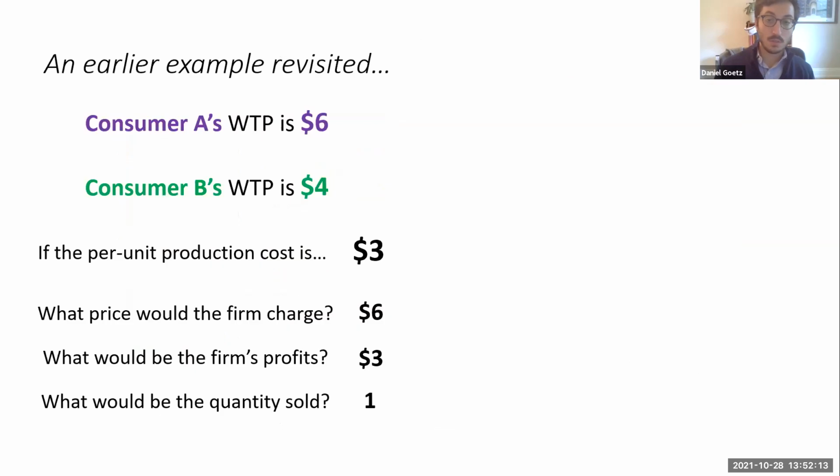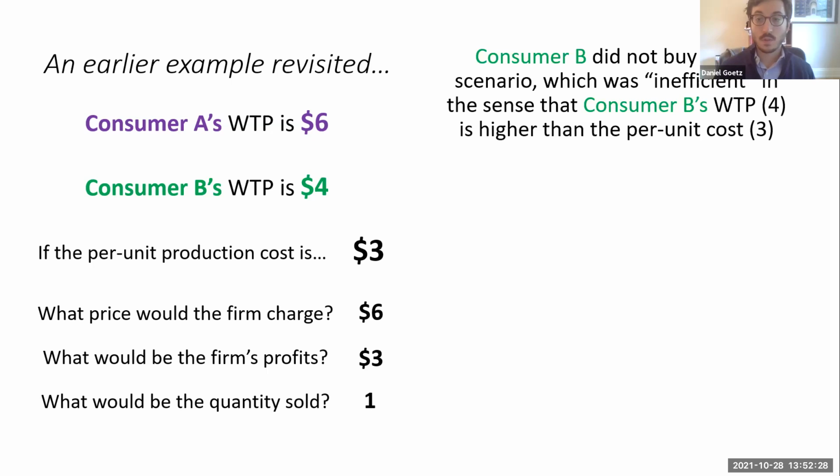We can use it to price discriminate. So Jeremy says you can get customers at different price points. Exactly. So let's go back to our earlier example. We have a consumer A with willingness to pay of $6 and B with $4. Now B didn't buy when we were selling at $6, right?